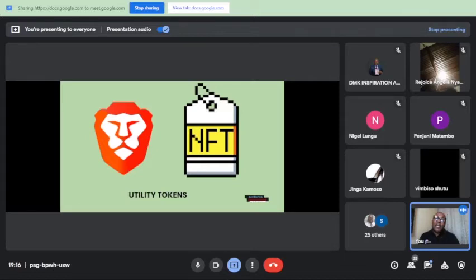So there's the browser Brave. If you've used Brave before, Brave's basic attention token, BAT, for example, can only be used to tip content creators through the Brave browser or through any other application that is integrated with BAT wallets, like Twitter has got that integration.